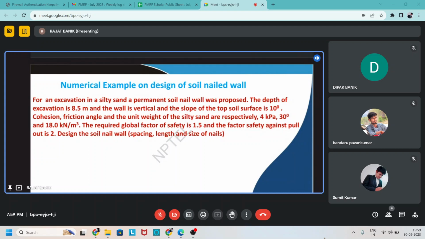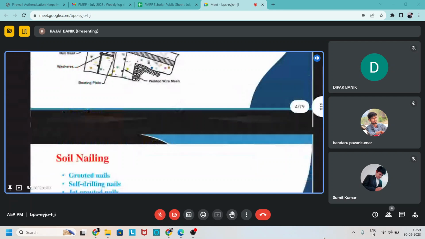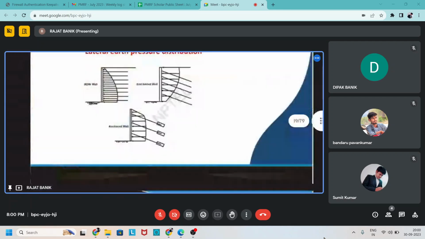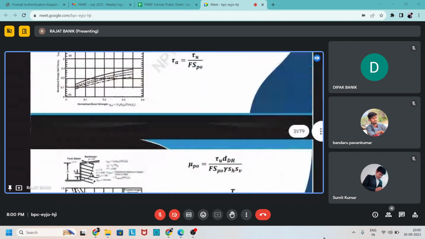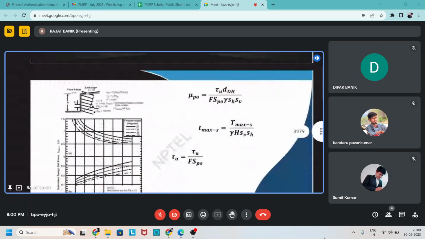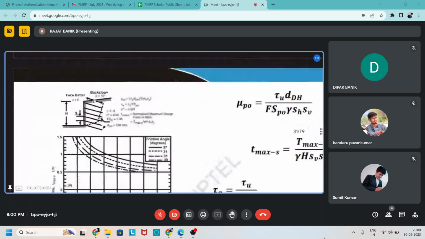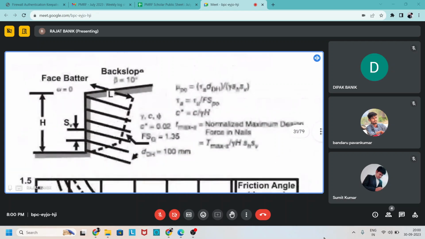If you remember, we discussed a set of charts. If I quickly go back to these slides, yes, there are four types of charts given. For our ground condition, the back slope is 10 degree. You can see this type of arrangement in our problem is given here, I am zooming in.